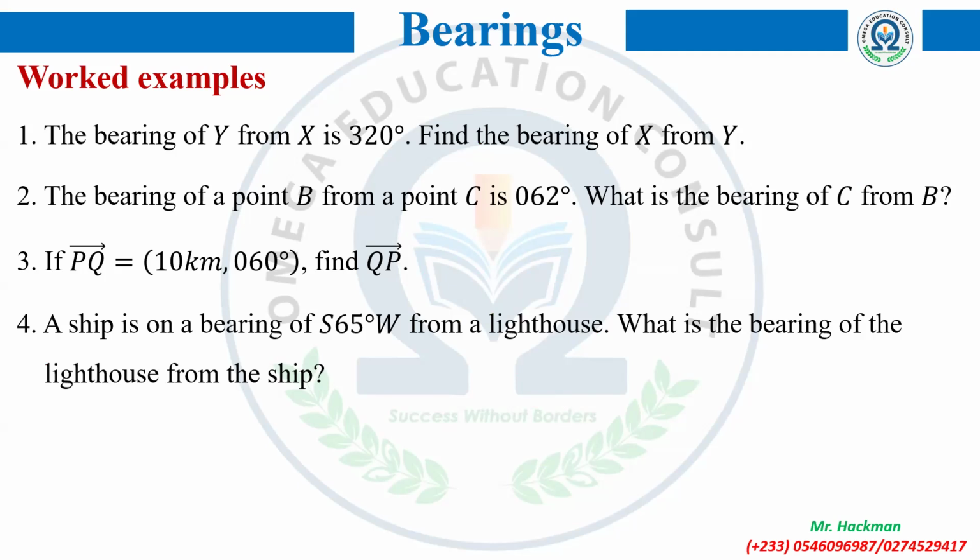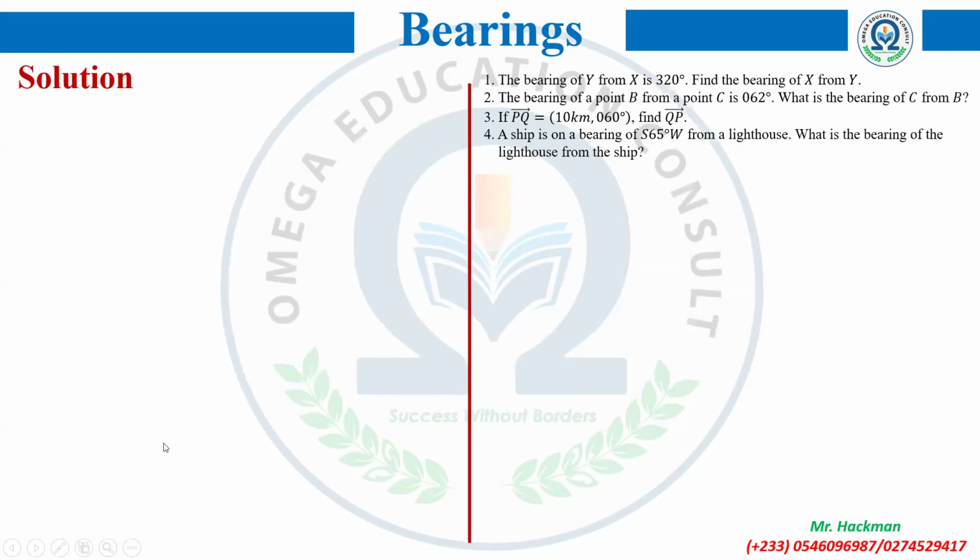So now let's look at the solution to question 1. In this case, given the bearing of Y from X, that is your forward bearing, which is equal to 320 degrees. So indirectly, you know that this will be your theta.